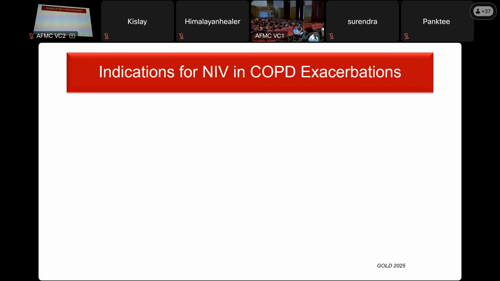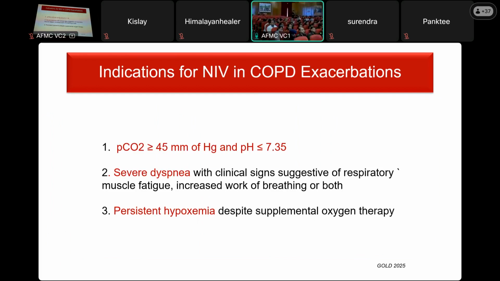Sir, respiratory acidosis, when there is use of accessory muscles of respiration, severe hypoxemia not responding to supplemental oxygen therapy, we can use NIV. It can also be given in severe dyspnea, which is leading to fatigue and persistent hypoxemia.